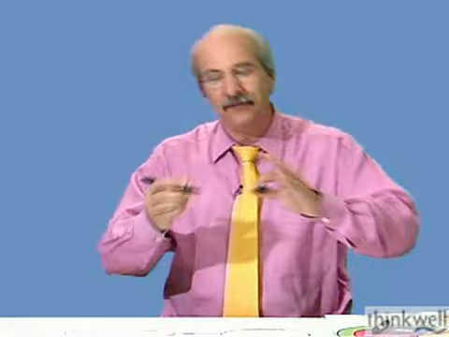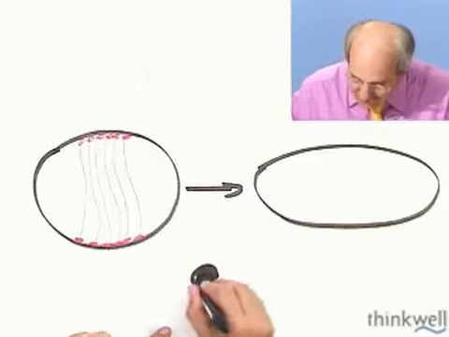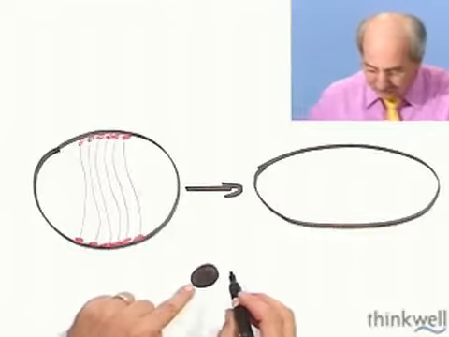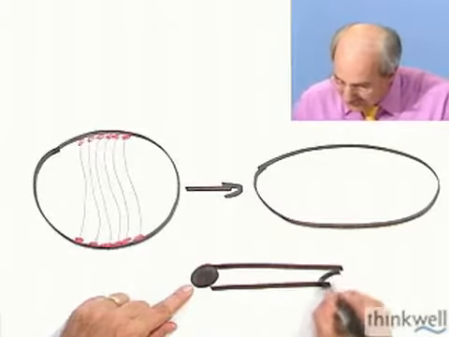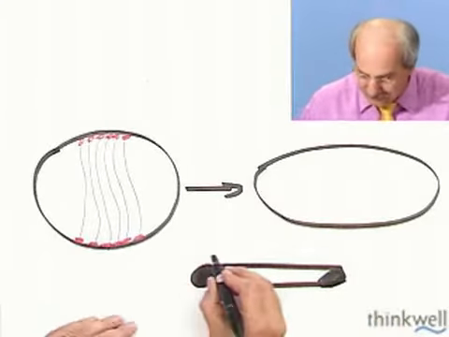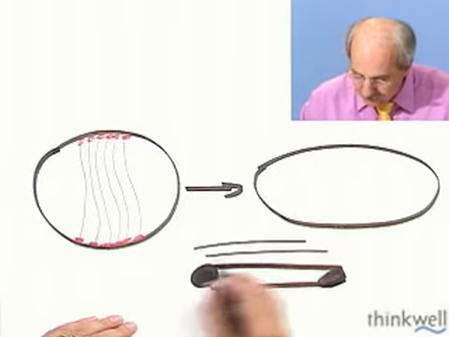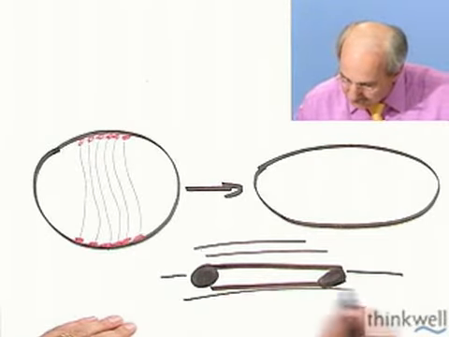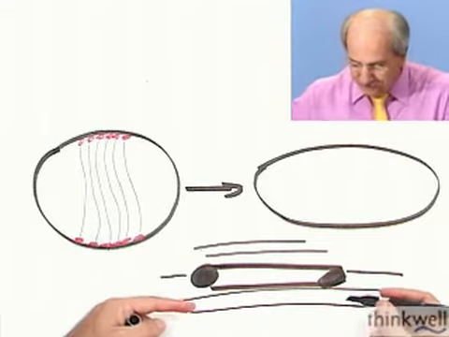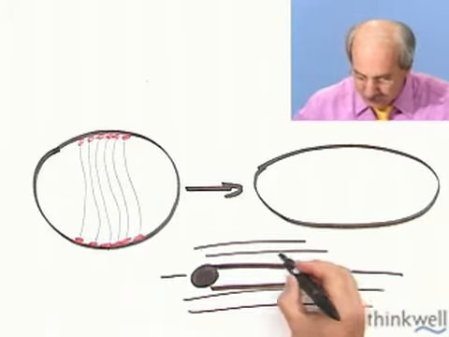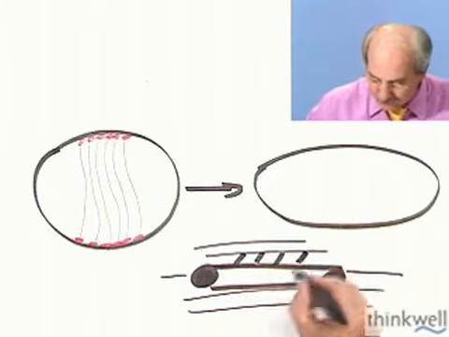So, to make a short story long, what happens with muscles is you get this thick myosin filament that looks like that, and then a ring of actin filaments around it, like so.